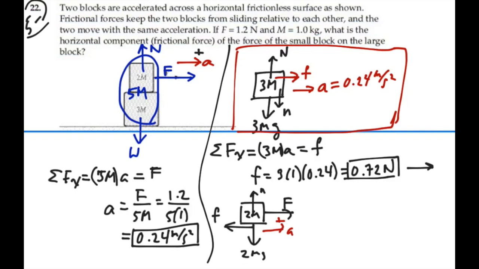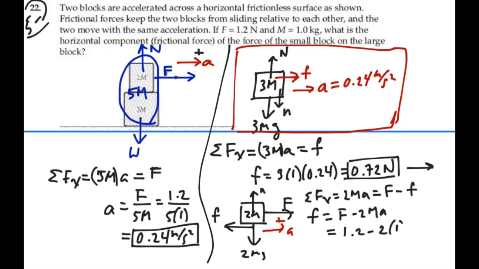So Newton's second law for this will look like this. 2ma is equal to big F minus the frictional force, or the frictional force is going to equal big F minus 2ma, which would be equal to 1.2 minus 2 times 1 times 0.24, and that is equal to 0.72 newtons.